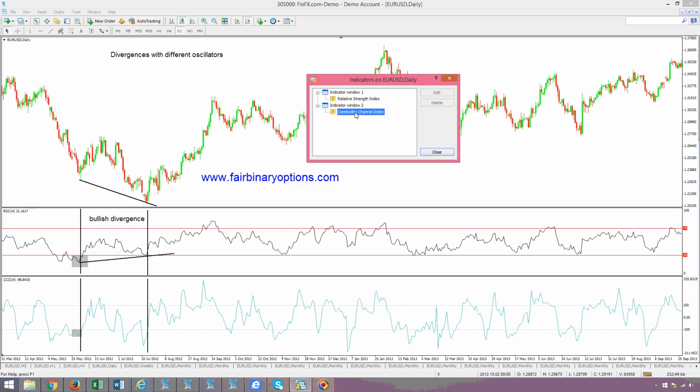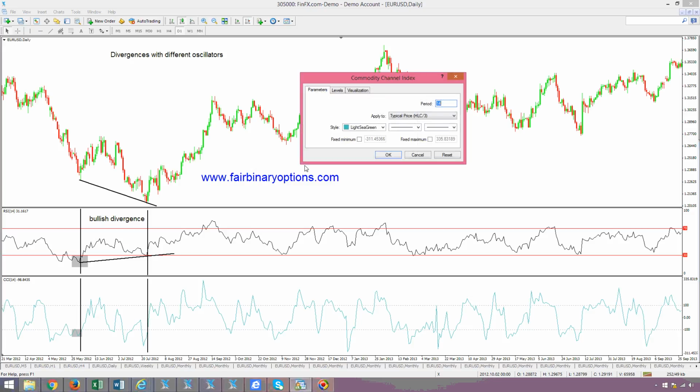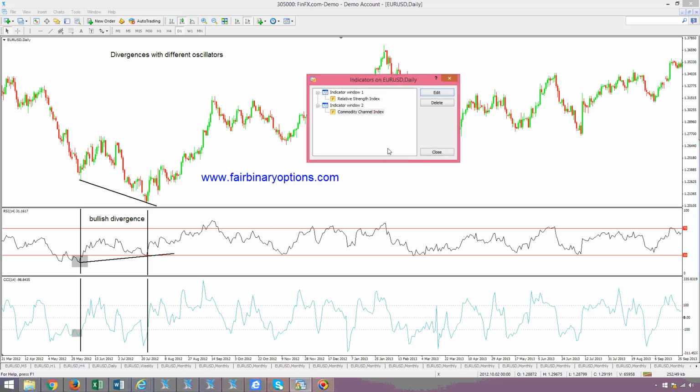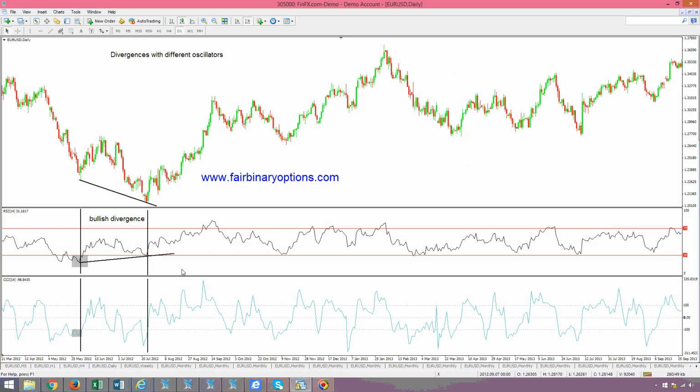We choose the CCI, and then edit the CCI levels. We add the zero level. We click OK, and now we have the zero level. So normally, after this kind of divergence, we should trade call options by the moment that the market breaks the zero level to the upside.